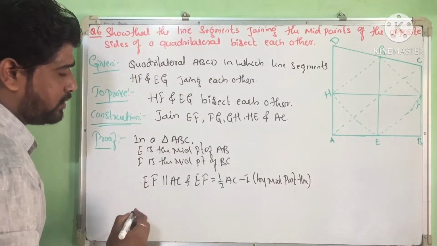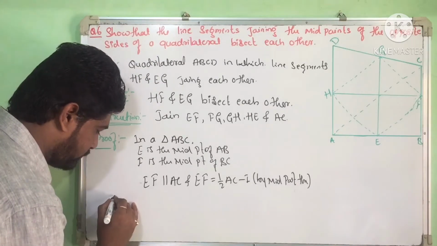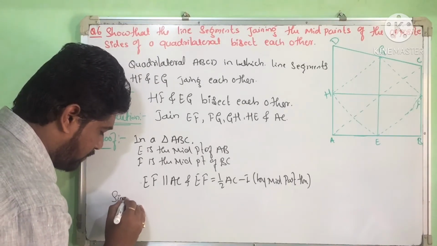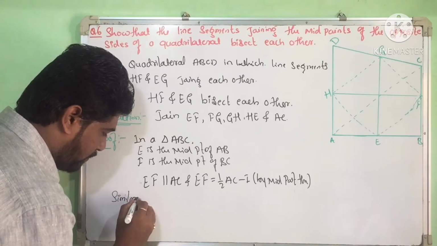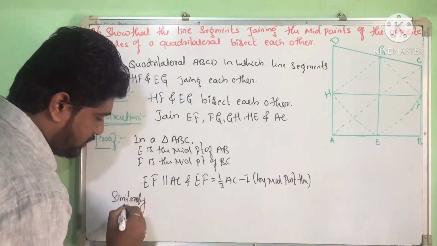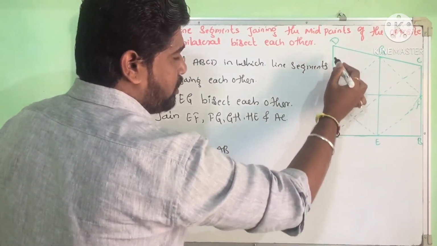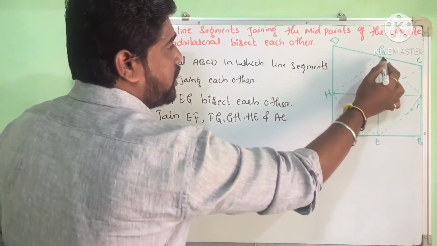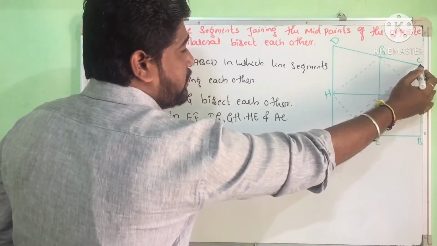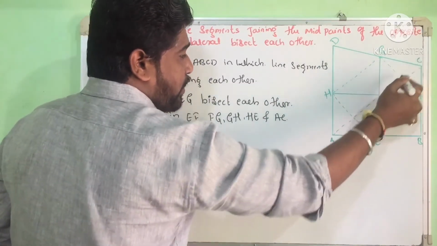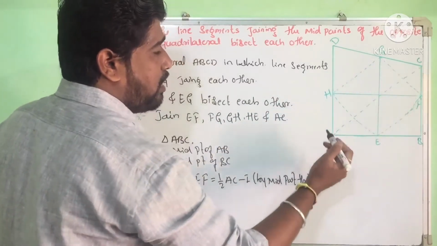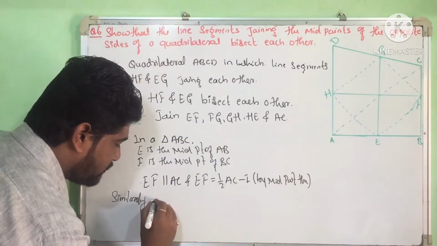Is it clear? So similarly, in a triangle ADC, H is the midpoint of AD, G is the midpoint of DC. It means GH is parallel to AC and GH is half of AC.